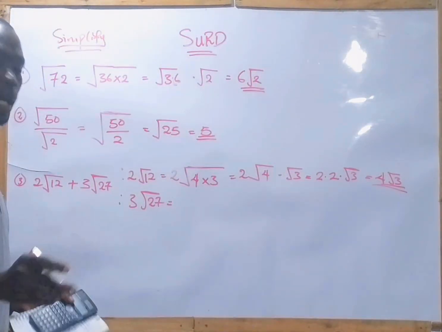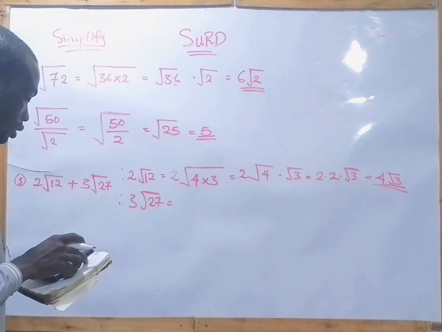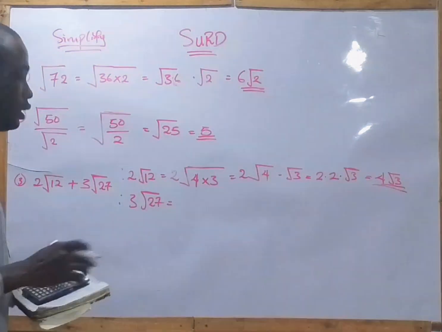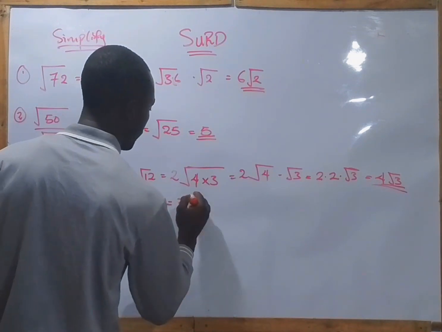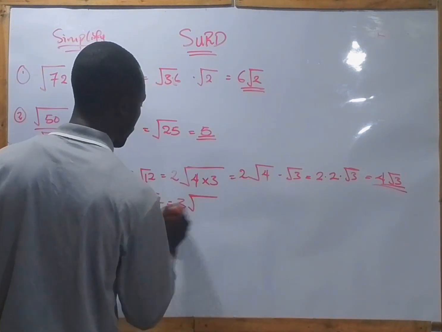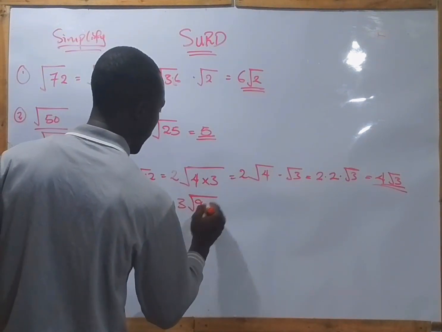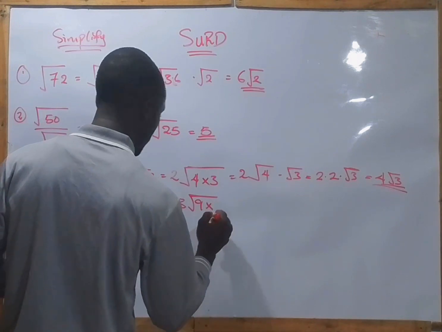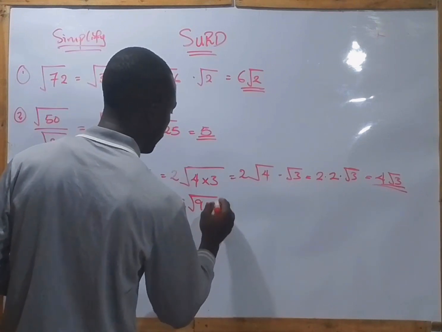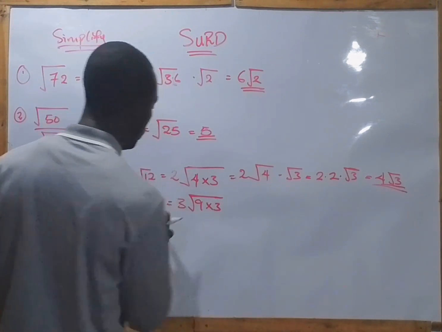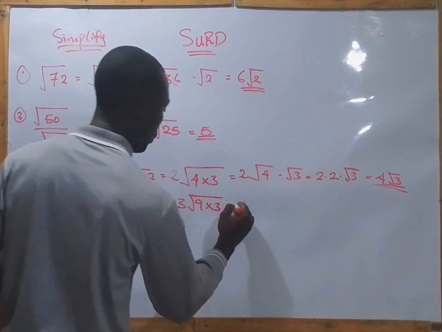The square root of 9 is 3. So now you say 3 root 9 times 3, which will give us 27.